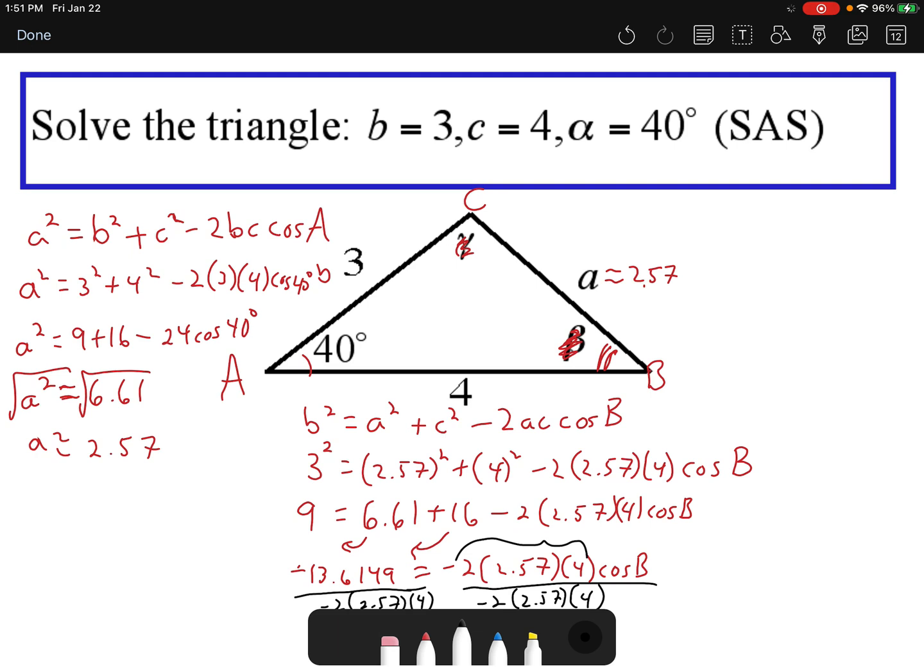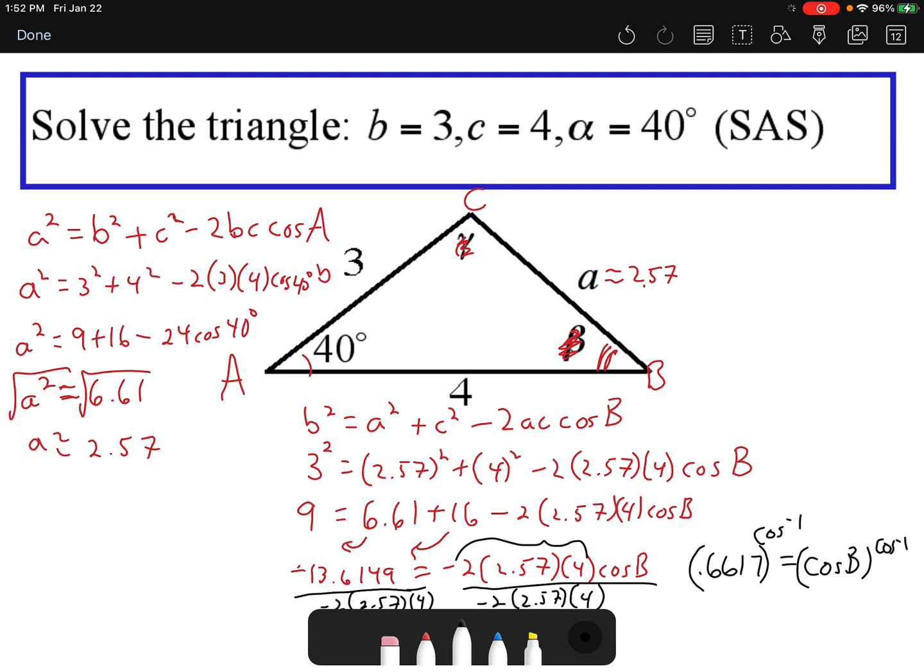So negative 2 times, go ahead and do it the way you want to. I got cosine B to be about 6.6617. Now you're going to have something different if you round it on your calculator.